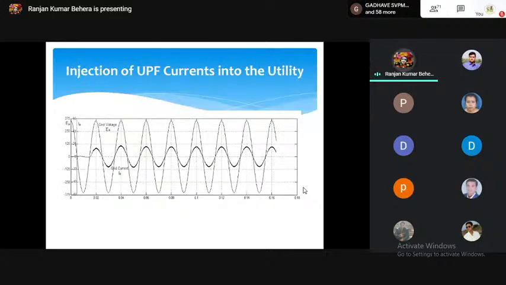And when you are feeding to the utility or grid, you can see that the grid current and voltage maintain unity power factor. So what is unity power factor? This is called a utility friendly device.